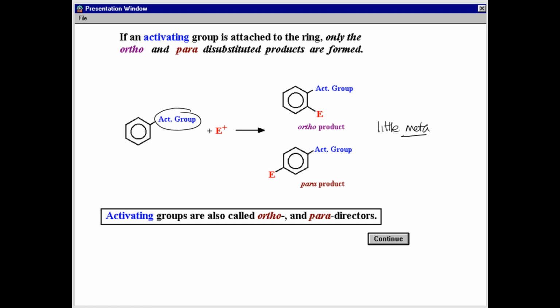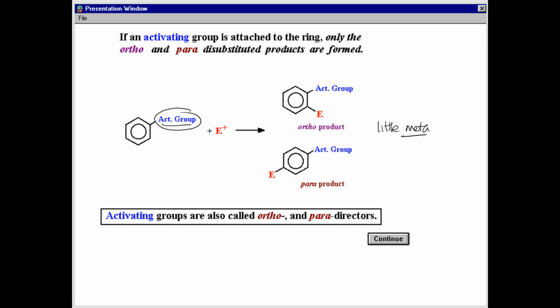Now, you might be tempted here, and at some point we will invoke this, but for the moment, we're going to just say we get the ortho and the para products. You could say, well, what about the sterics here of this activated group and the electrophile adding next to it versus away from it? The sterics will come into play, but right now, if I asked you to write the products of this reaction, if it's an activated group, you'll get both the ortho and the para products.